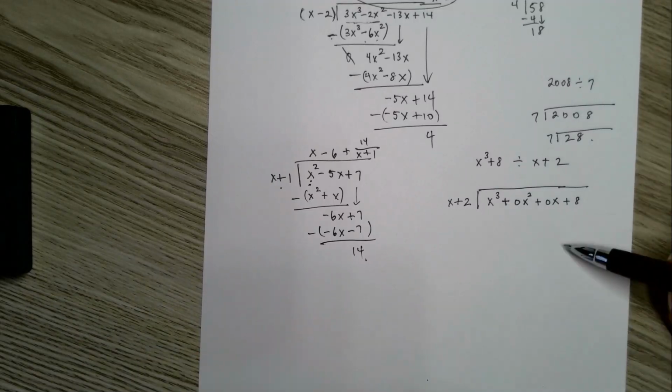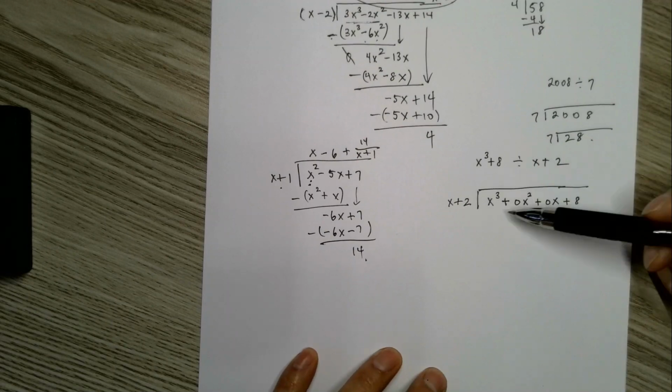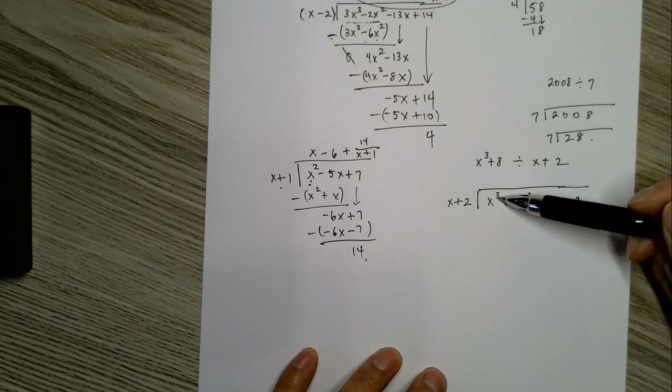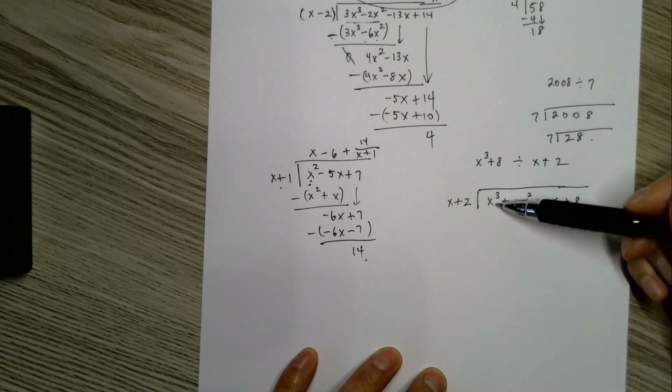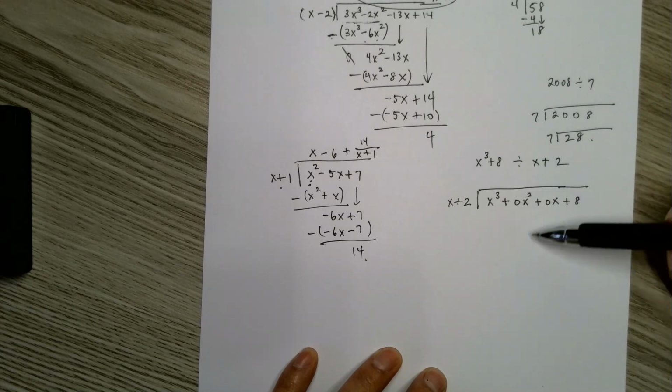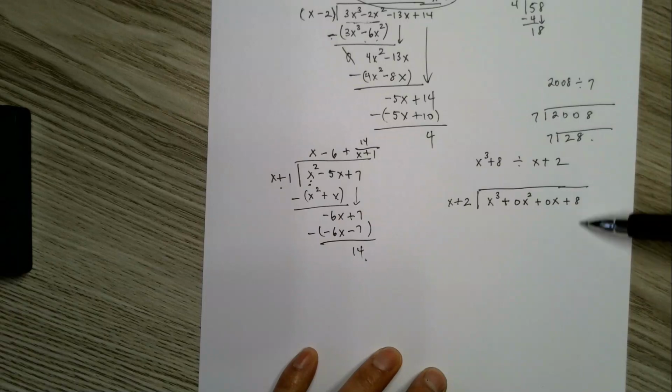But it's going to help keep things organized, because when you're long dividing with polynomials, it's really important that we keep the columns in order, because this is the x cubed column, this is the x squared column, this is the x column, and this is the x to the 0 power, or the constant column.